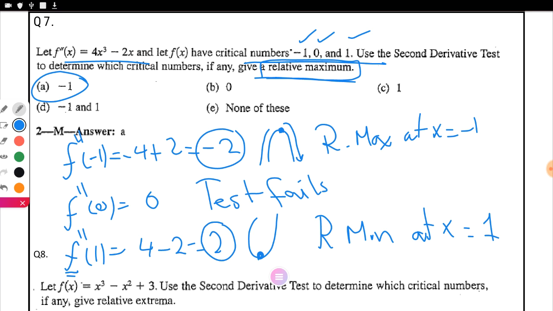Here it changes from increasing to decreasing. It reaches the maximum value, so it will be a relative maximum. And here it changes from decreasing to increasing, so it will represent a relative minimum value.